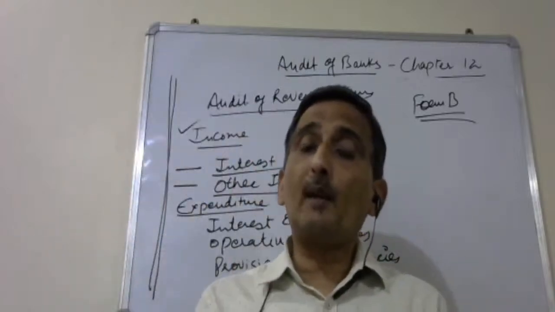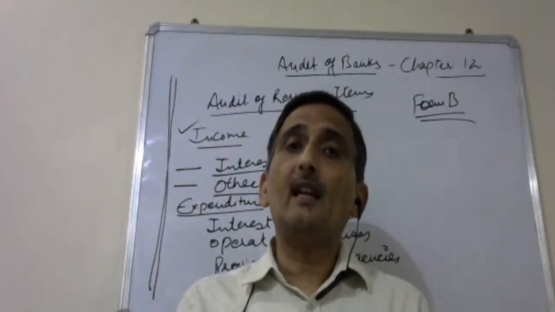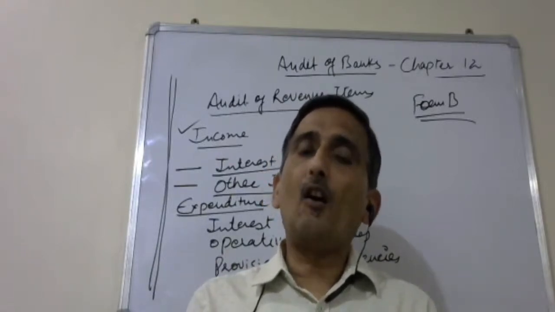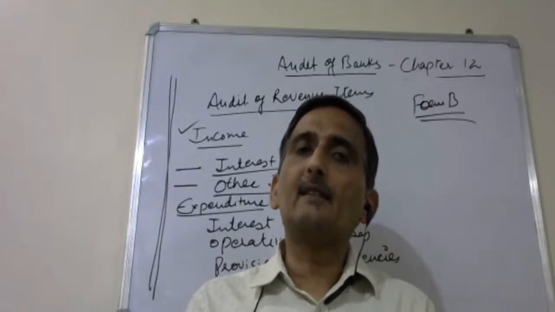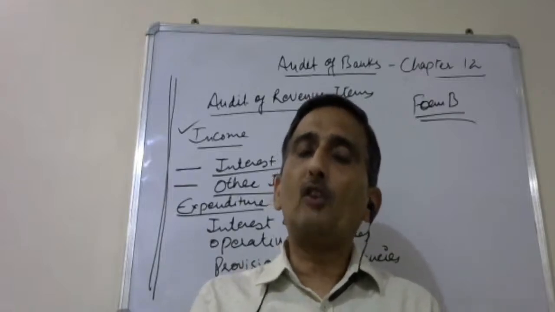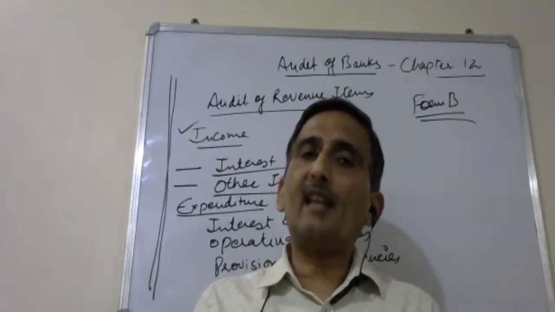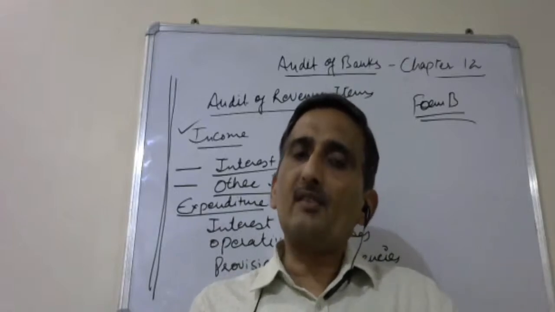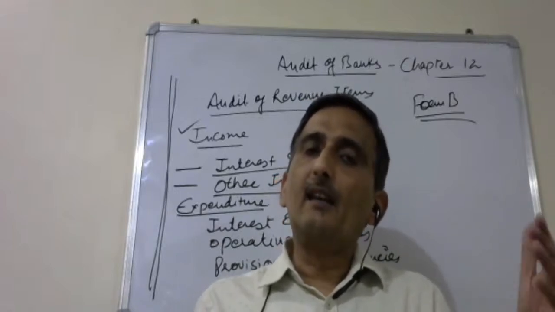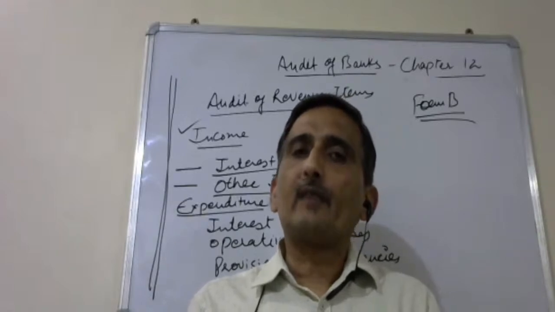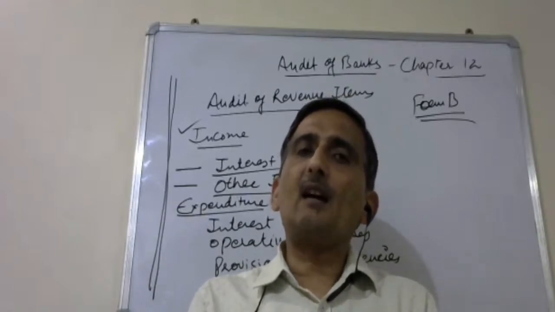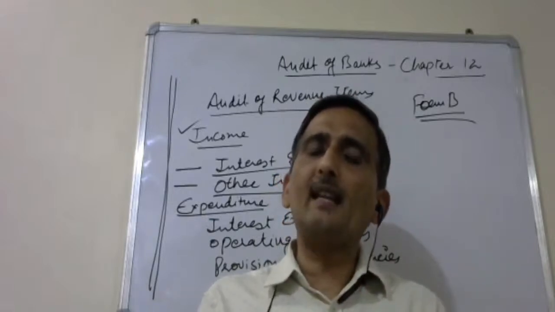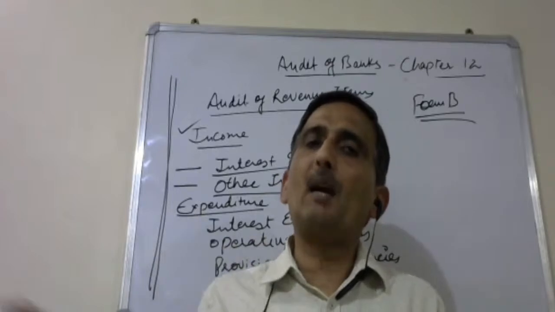Now students, you must be knowing that there are basically three kinds of deposit accounts in the banks: saving accounts, current accounts, and time deposit accounts. The first two types are demand deposits, which means these are withdrawable on demand.